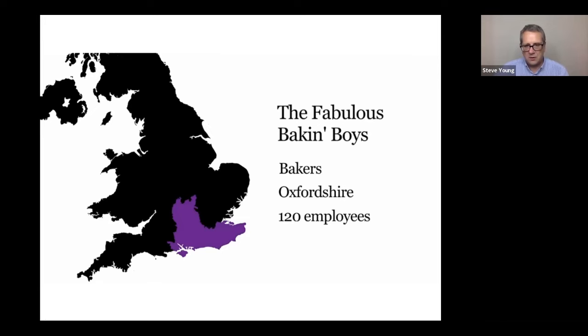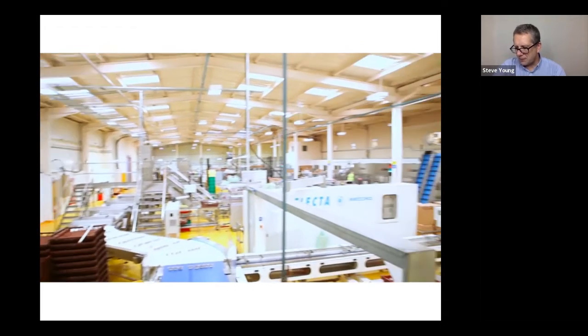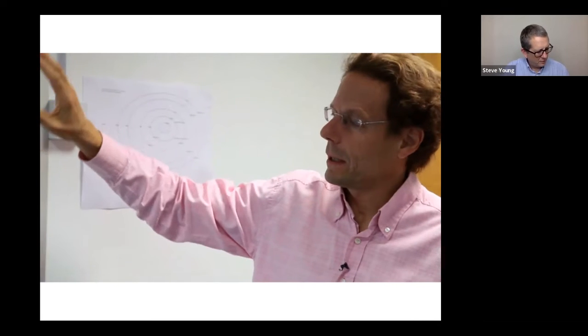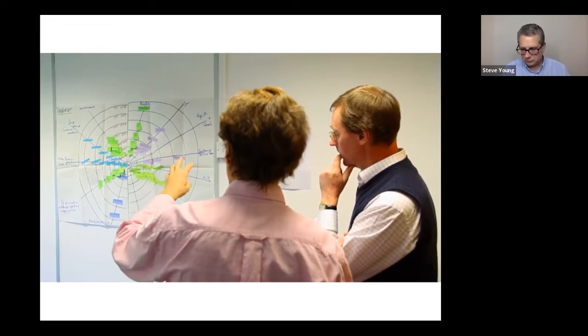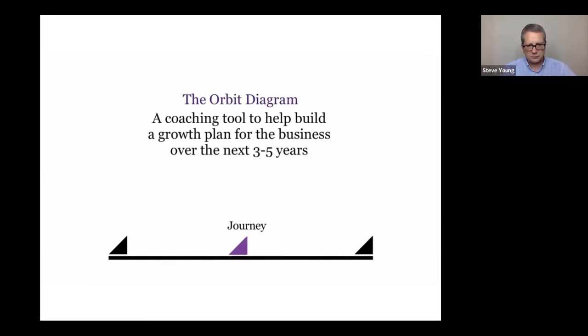We bake a range of fabulous cakes. We specialise in flapjacks, muffins and cupcakes, and we supply not just all the supermarkets but convenience stores and impulse outlets and caterers all around the UK. So we went through the process at the workshop of creating the orbit. We used the orbit tool.